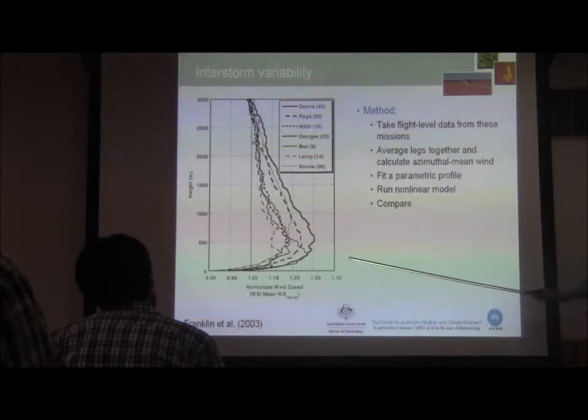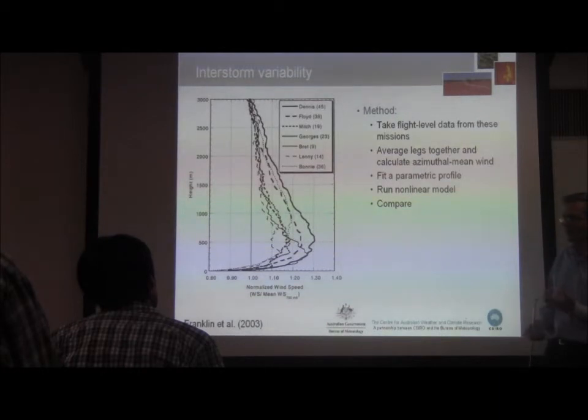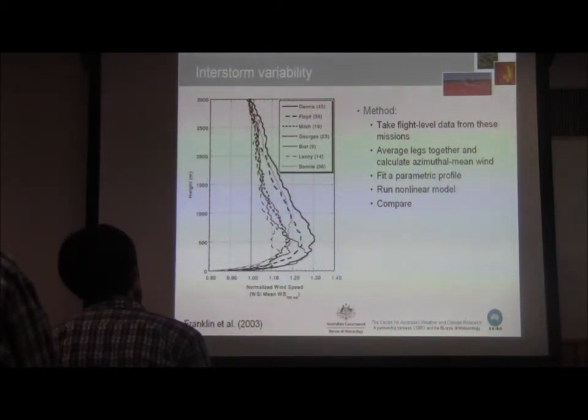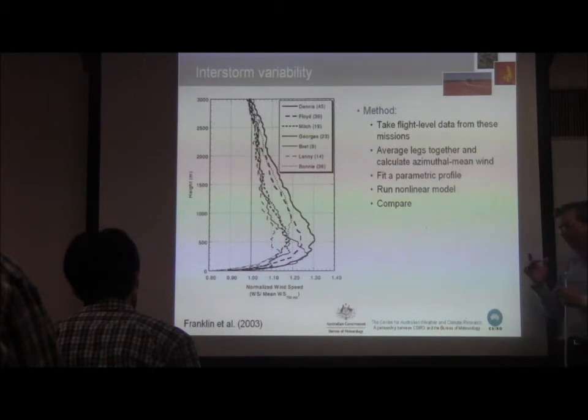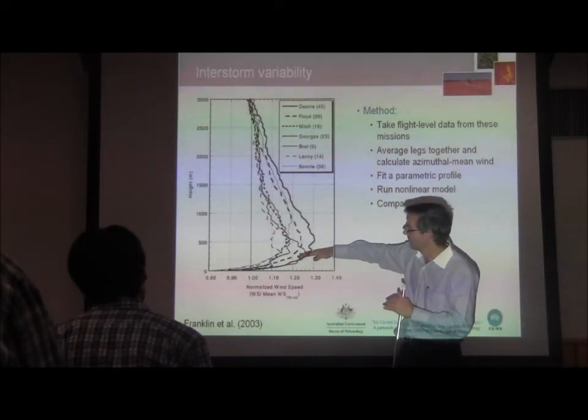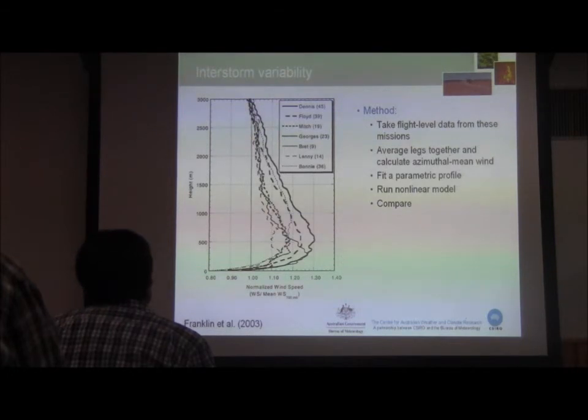Brett, which was this one here with the very low maximum, had a very small eye, and to get to the same maximum wind with a smaller eye, the vorticity in the eye is much higher, so Brett had very, very high inertial stability in the eye. So the scale depth, which is proportional to 1 over the square root of the inertial stability, means that the wind maximum in Brett comes out very close to the surface.